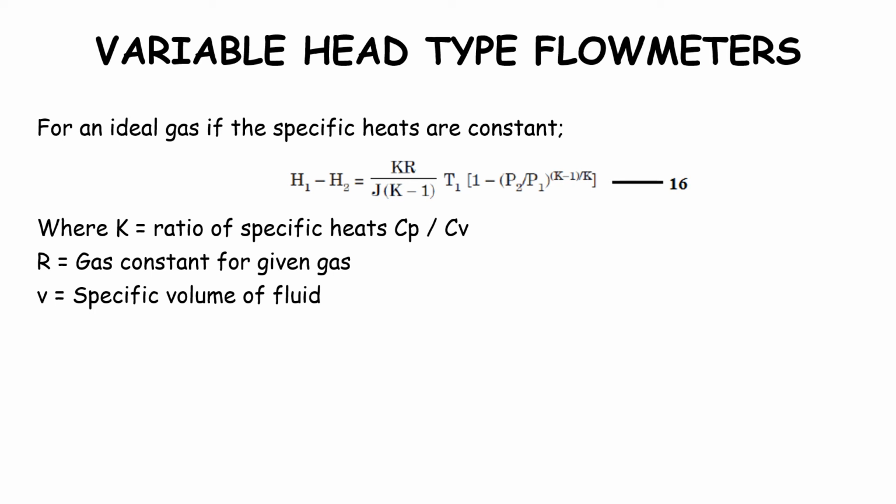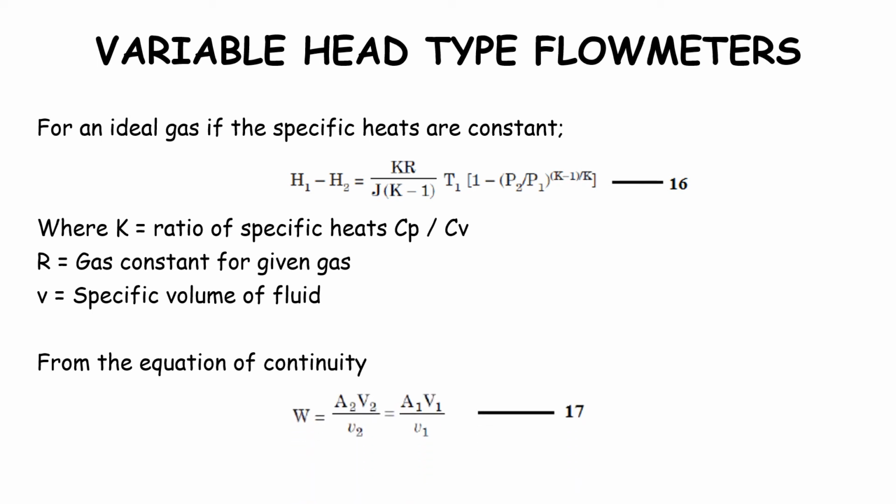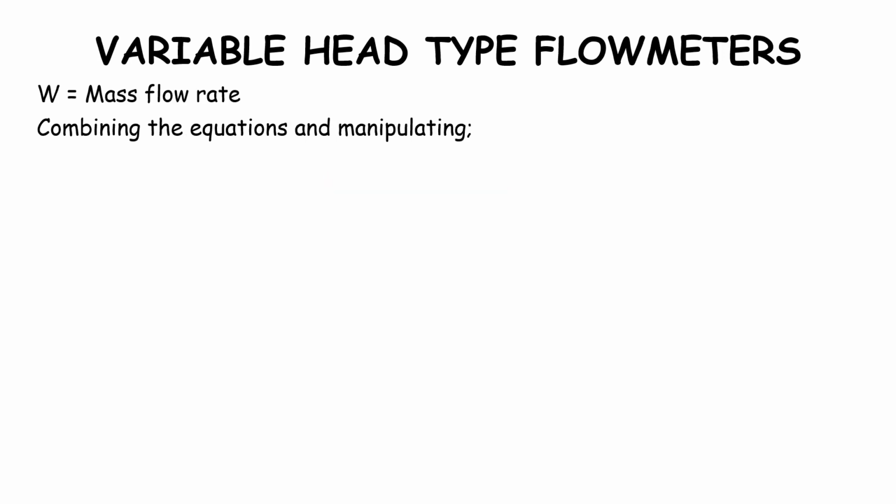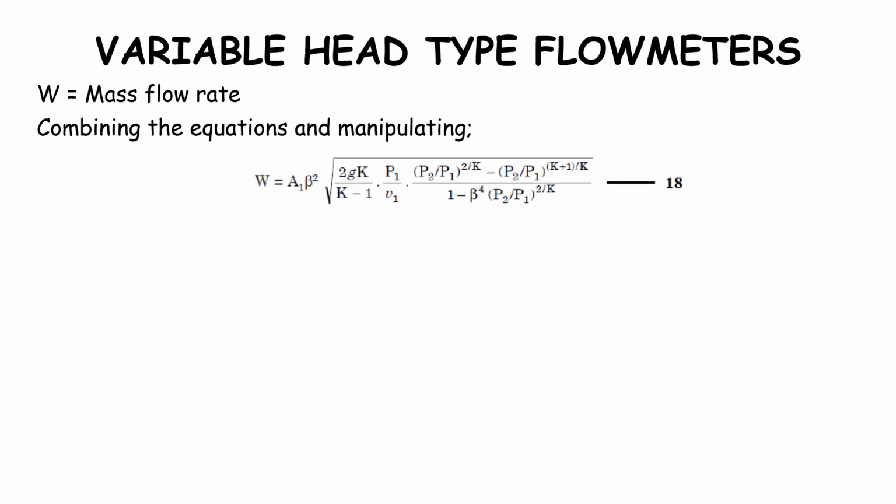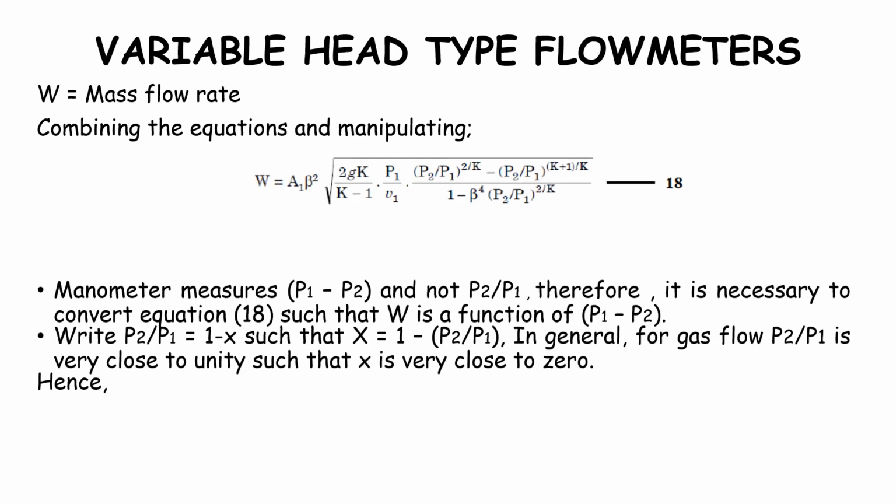R is the gas constant for the given gas, V is specific volume of fluid, and from the equation of continuity, we get W is equal to A2V2 divided by v2 is equal to A1V1 divided by v1 again. So W is the mass flow rate. Combining the equations and manipulating them, we get W to be this much bigger equation.